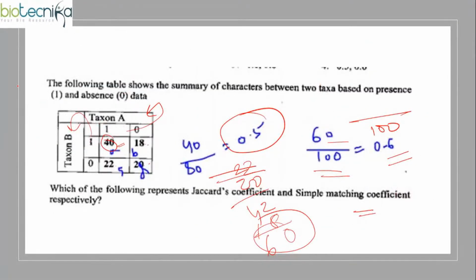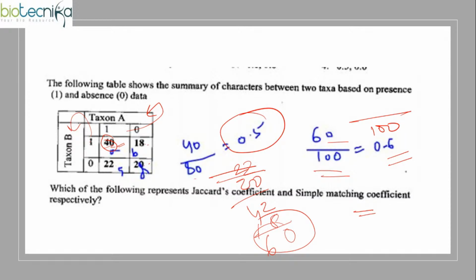So if we go back and check, 40 is the matching one, 40 divided by 80. So we can calculate SSM first, or Jacquard's first. Both ways it should be correct.